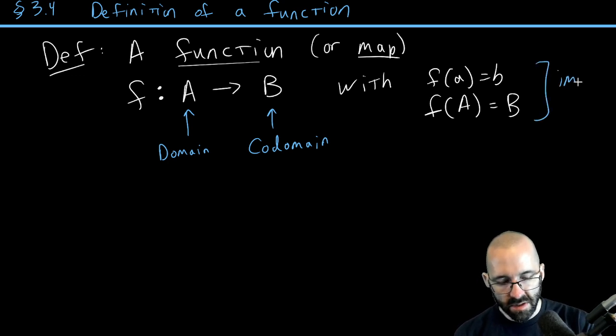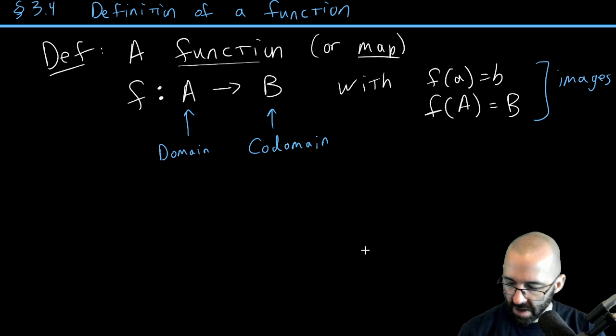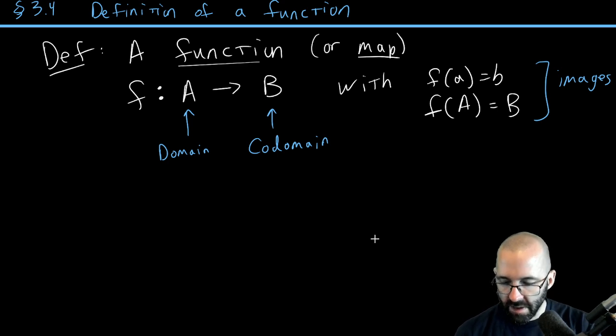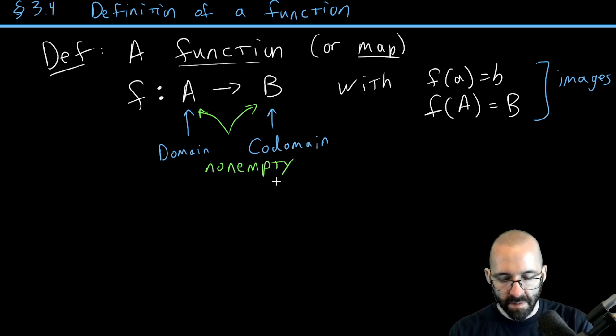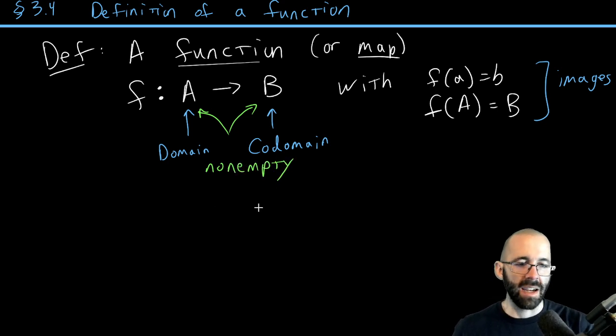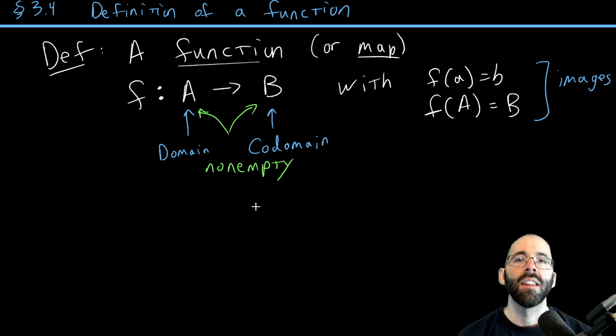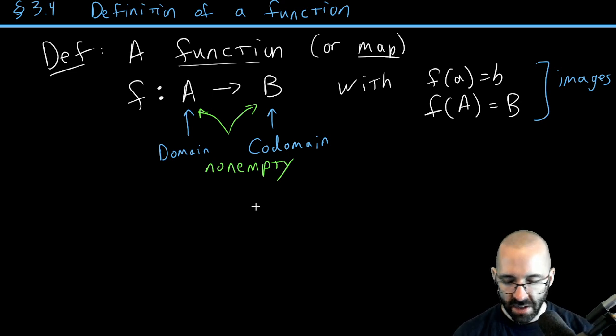And then specifically, we also want these to be non-empty. We don't want empty sets here. Not going to have functions with the domain or the codomain being the empty set. That would be boring. It'd be very silly.